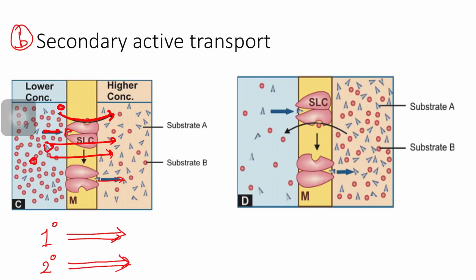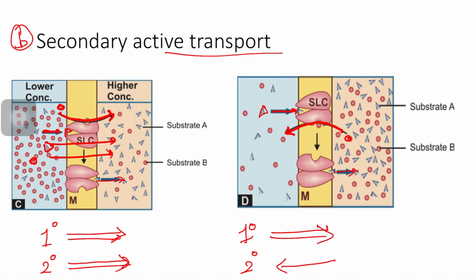What happens here? The triangular shaped molecule goes from lower concentration to higher concentration, and that is why it is called active transport. But the secondary molecule is going opposite to the direction of the primary. So there is opposite movement of primary and secondary molecules, and this transport is called secondary active transport.